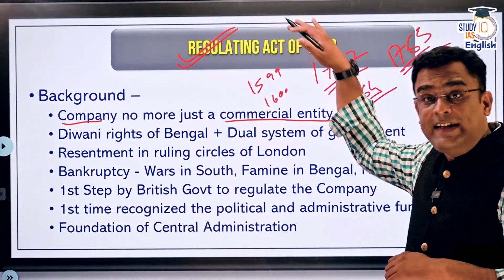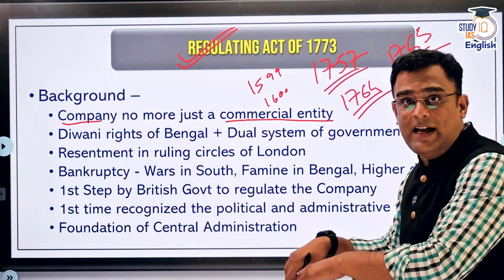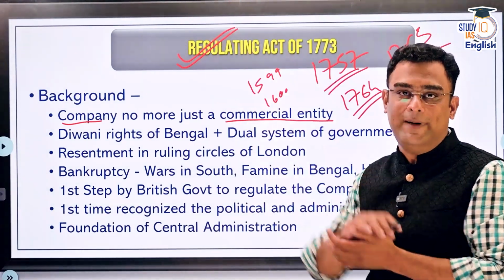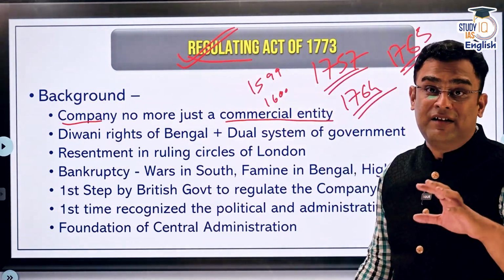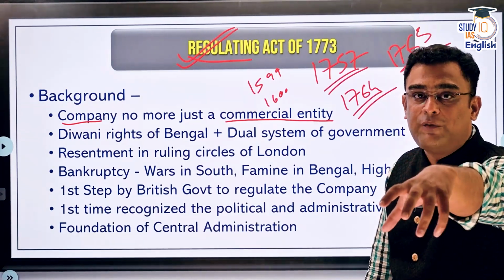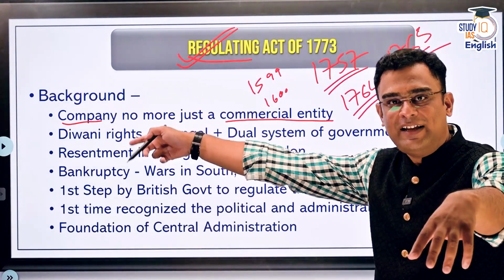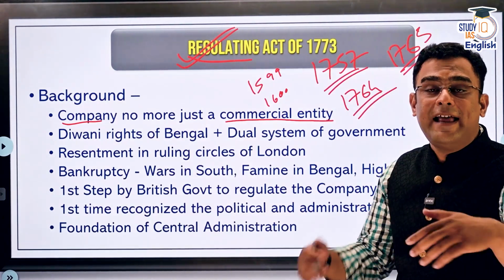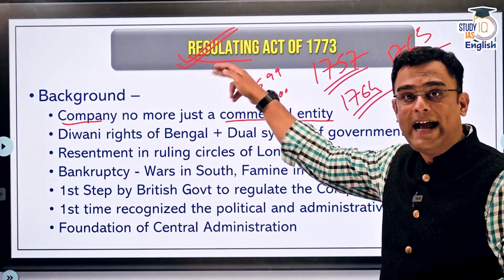Therefore, this changed the nature of East India Company in India, and required a changed relationship with the home government. And therefore, this act is passed, which is called the Regulating Act, very fittingly. So they want to do regulation of East India Company, which originally was supposed to be just a trading entity, but incidentally has become a political power, and therefore a new law is required for it. That's why the Regulating Act comes about.